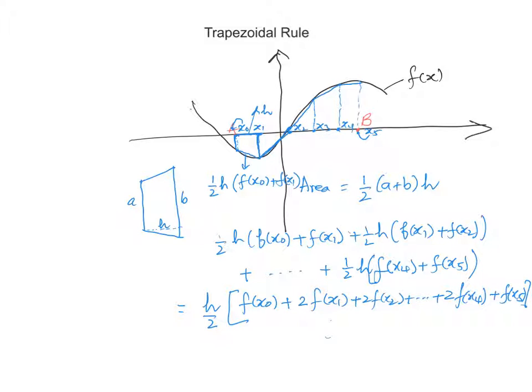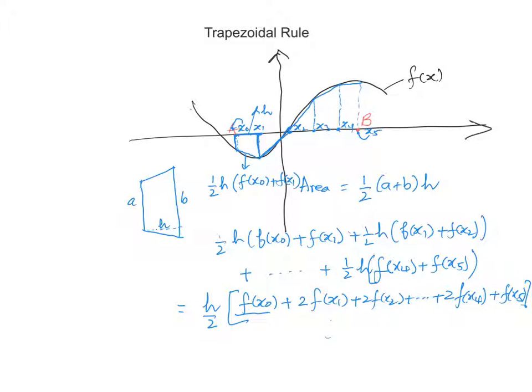So in general, if there are n subdivisions in the partition, then the formula for trapezoidal rule is: multiply half of the width, which is h over 2, with an expression made of the values of the function at each of these points of partition.